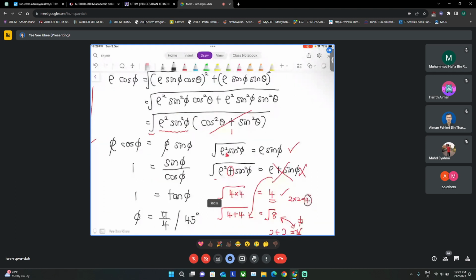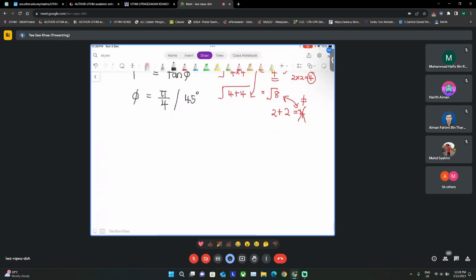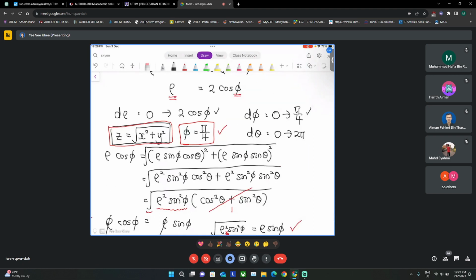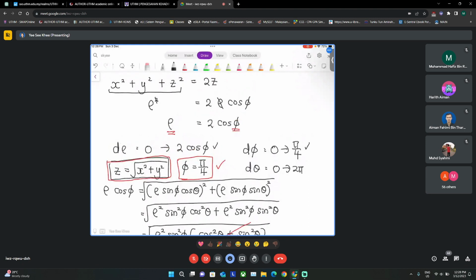Okay, so now you have everything. You put them into the equation. Theta is from 0 to 2 pi, and this one is from 0 to pi over 4. That is your phi. And your rho is from 0 until 2 cos phi.